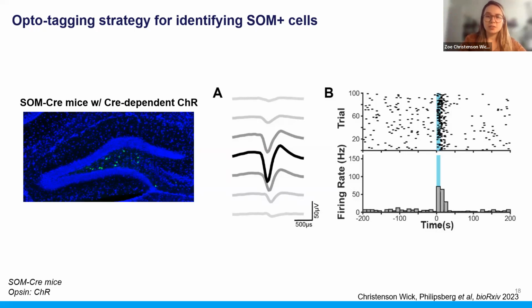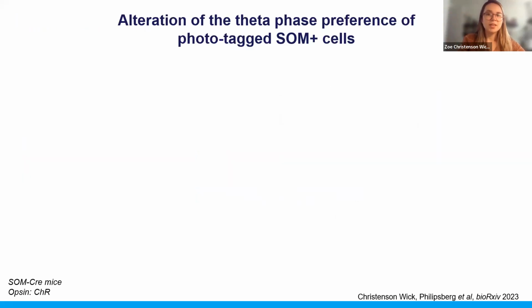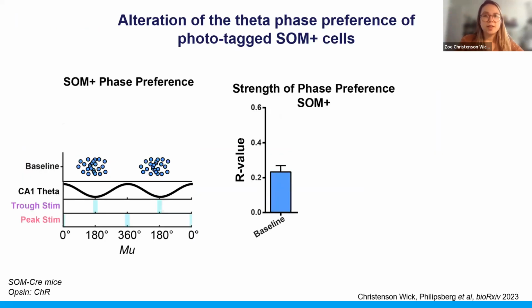I can then isolate those clusters using Kilosort and Phy, and then find cells that are opsin expressing by delivering pulses of blue light. And you can see an opsin expressing cell example on the right. So then I would follow that cell's activity back to the baseline period that I collect and determine its native theta phase preference.